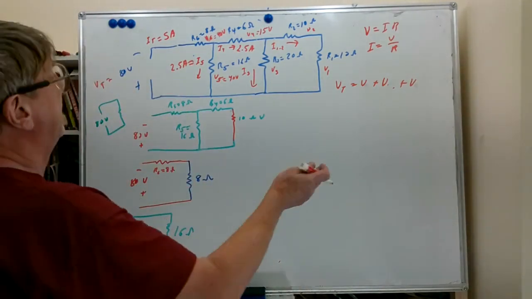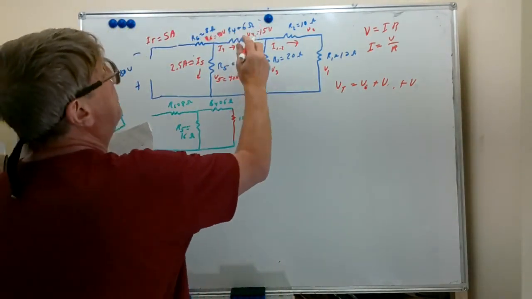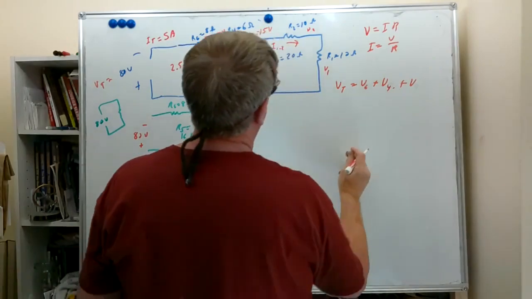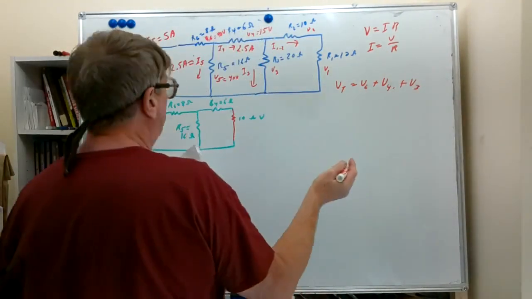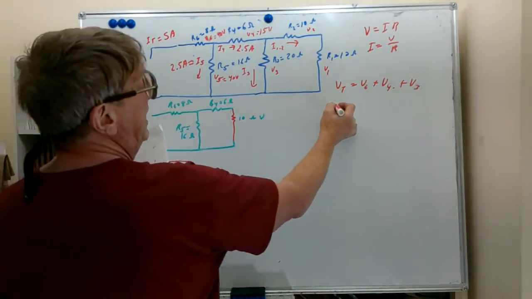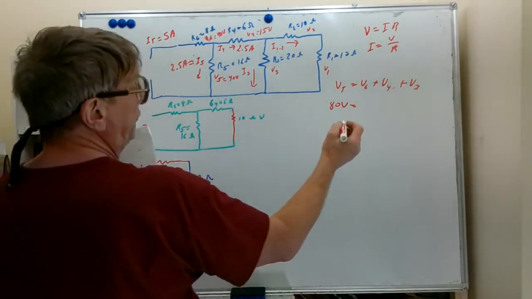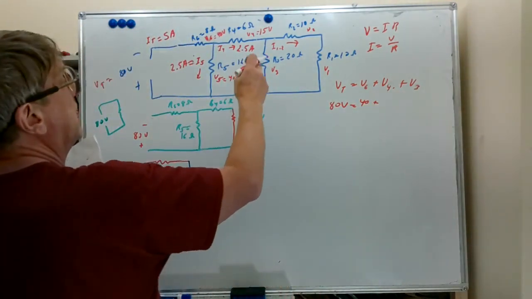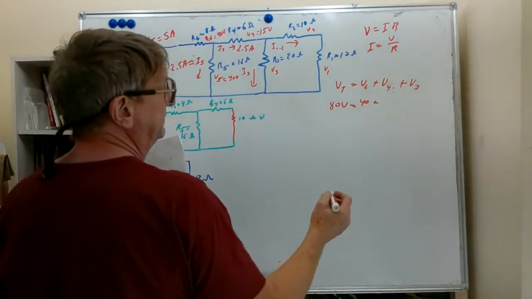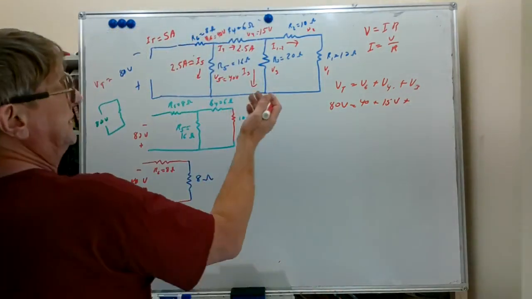We have V6, we've calculated that. We have V4, we've calculated that. We're looking for V3, which we do not know yet. So that's what it's going to look like. So V total, we're given that, 80 volts, equal to V6, 40 volts, plus V4, 15 volts, plus V3, which we don't know.